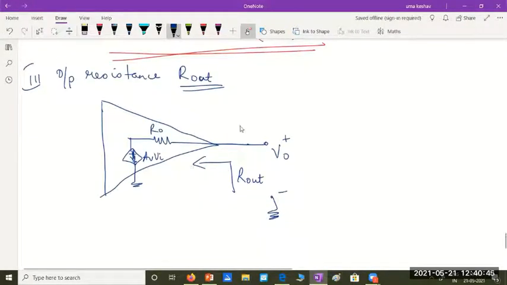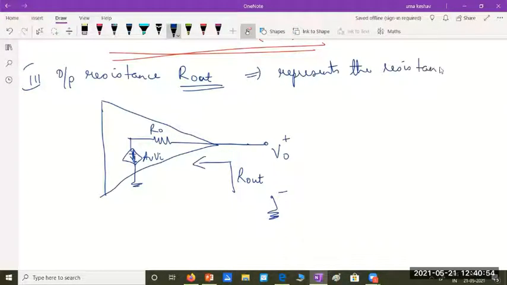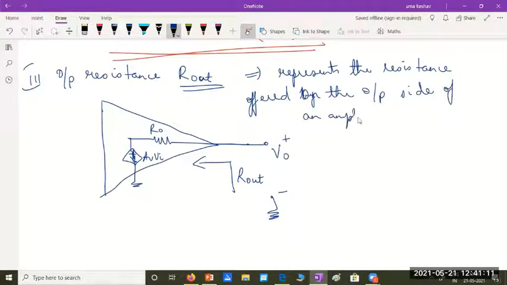So you just mark this. You say Rout represents the resistance offered on the output side of an amplifier as seen by a load.